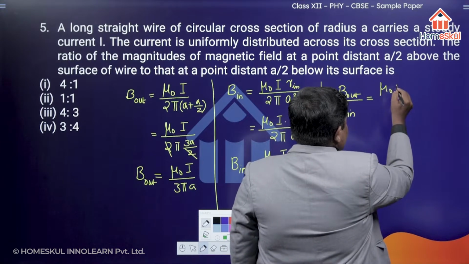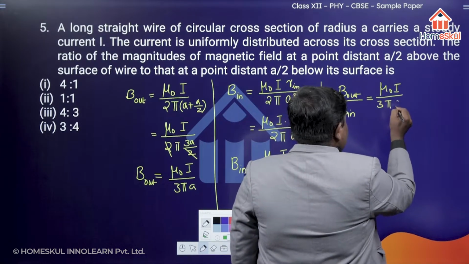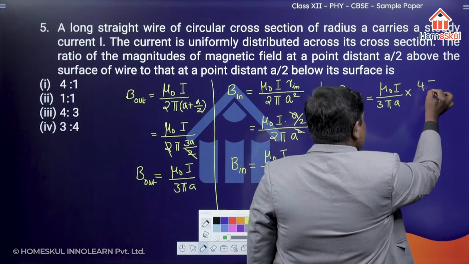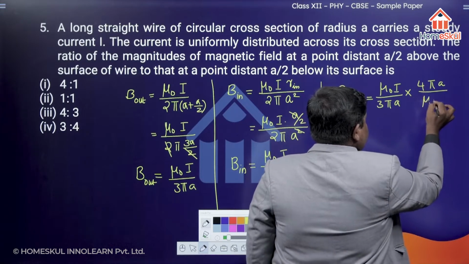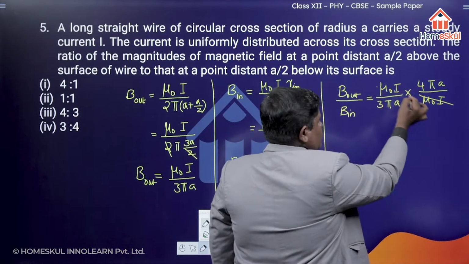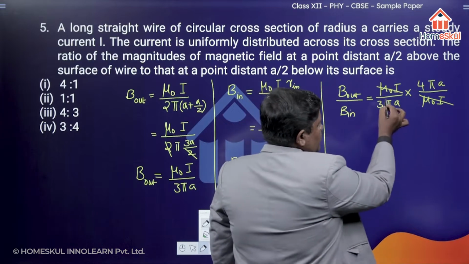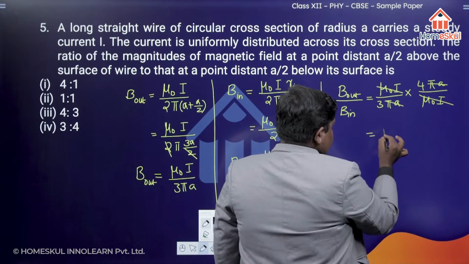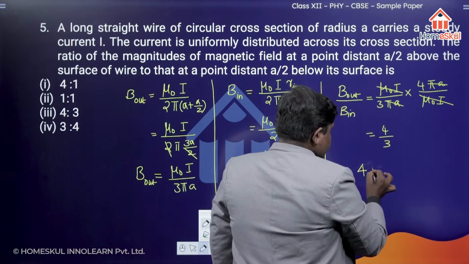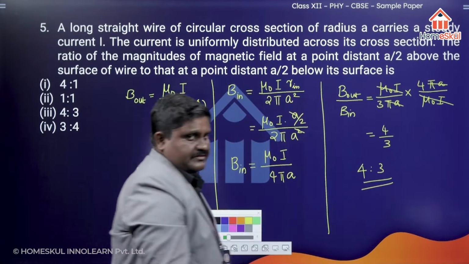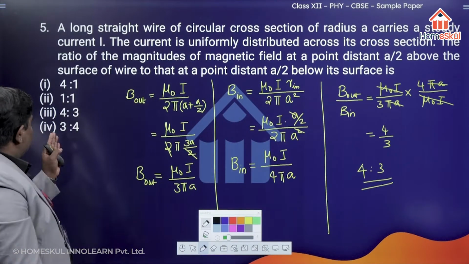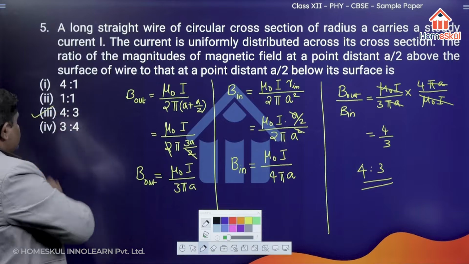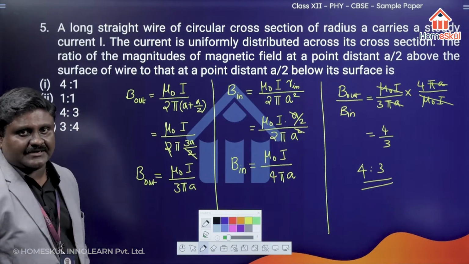Mu 0 I by 3 pi A into 4 pi A by mu 0 I. So mu 0 I gets cancelled, then pi A gets cancelled. We get 4 by 3. So the ratio is 4:3. So here the third option is the correct answer.